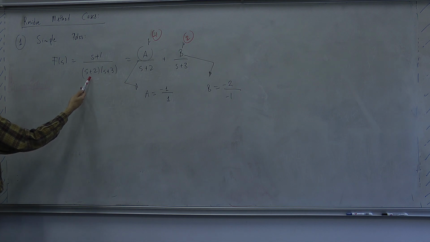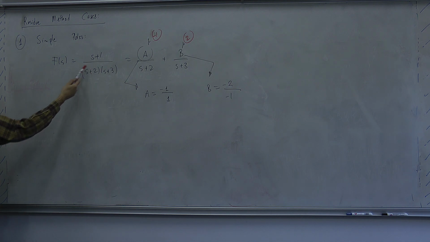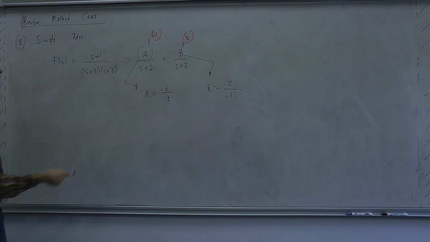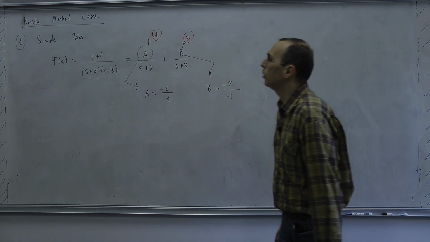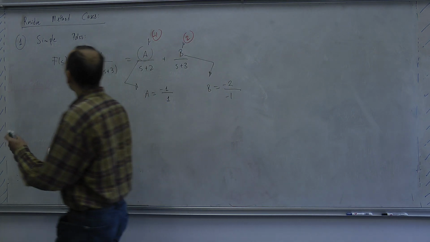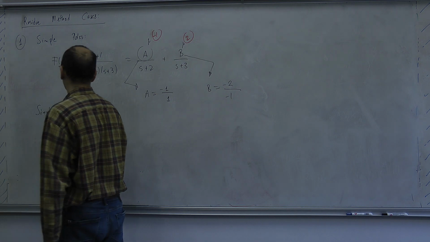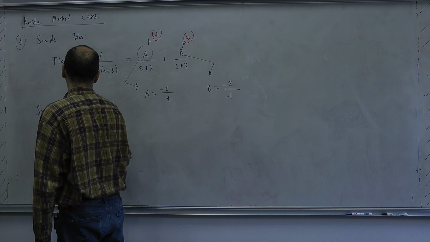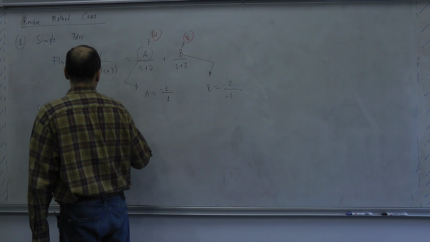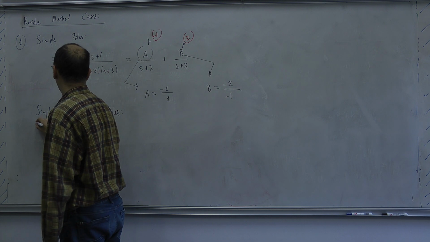Simple poles means the multiplicity of the singularities over here, which are called the pole locations, is only one. Multiplicity of these pole locations is only one. Now again, now we have simple complex valued poles.